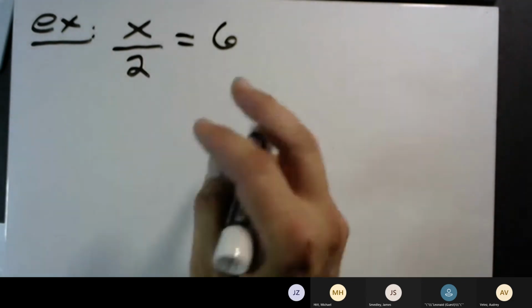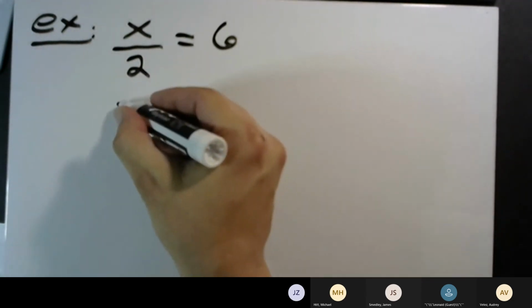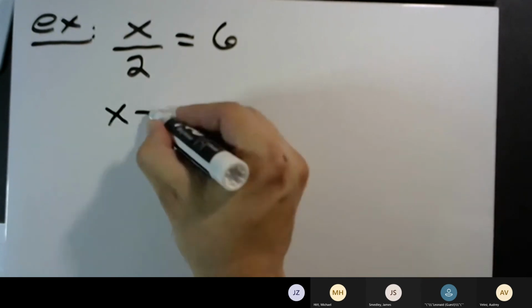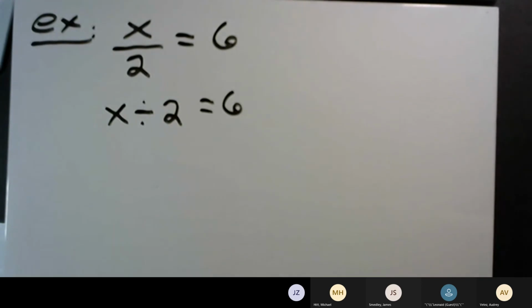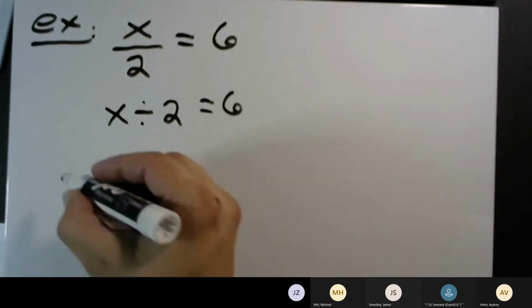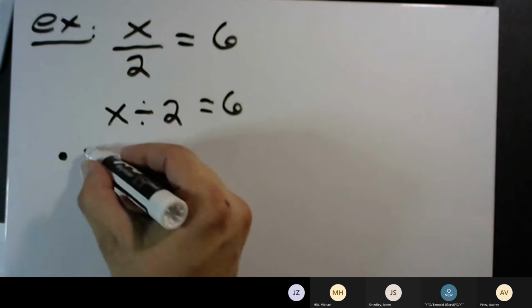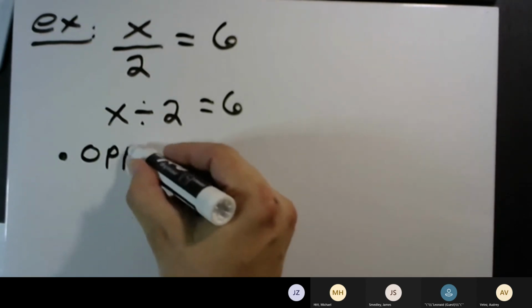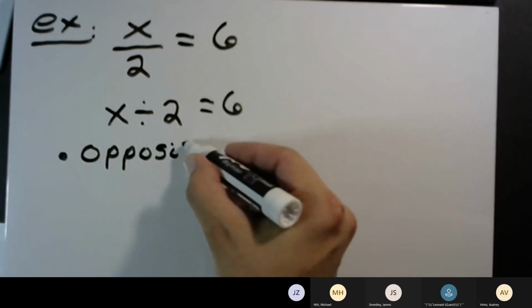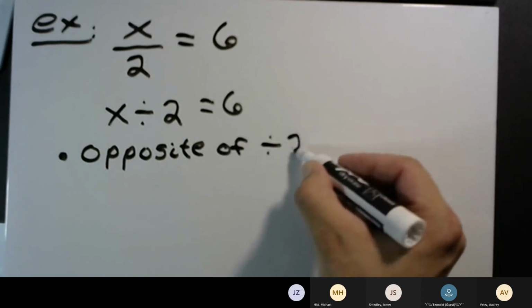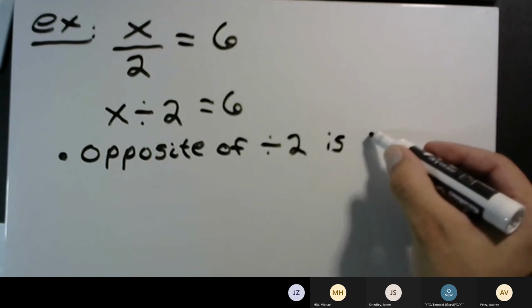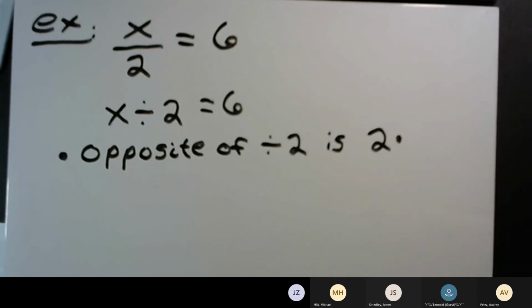Well, in algebra, and this is true in general, this is the same as x divided by 2 equals 6. So again, we want to look at opposites. The opposite of dividing by 2 is multiplying by 2. Multiply both sides by 2, we're going to be okay.